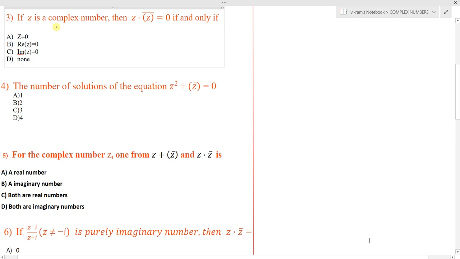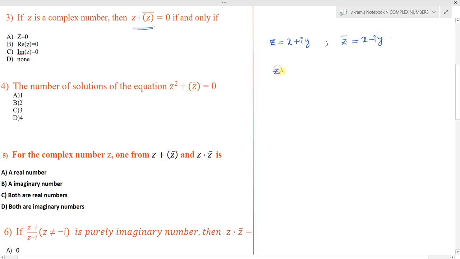Third question: if z is a complex number, then z times z conjugate equals 0 if and only if, when will it be 0? Given z equals x plus iy, and z conjugate equals x minus iy.